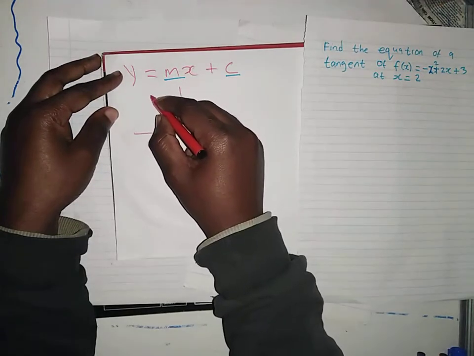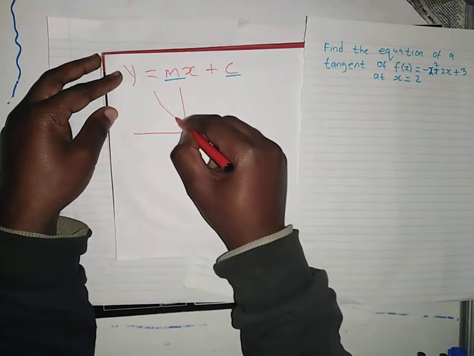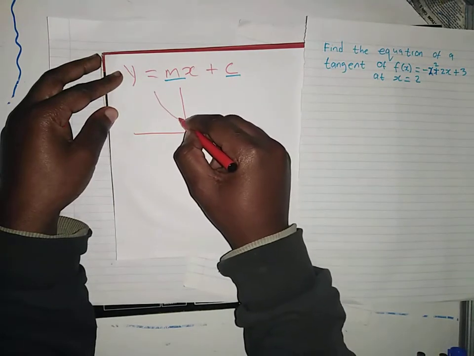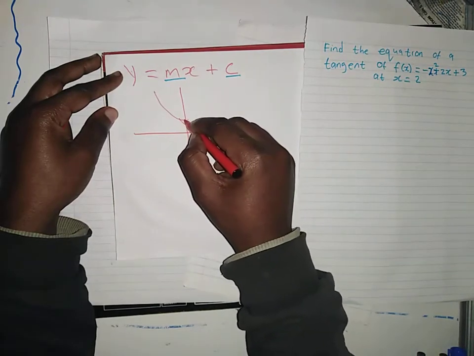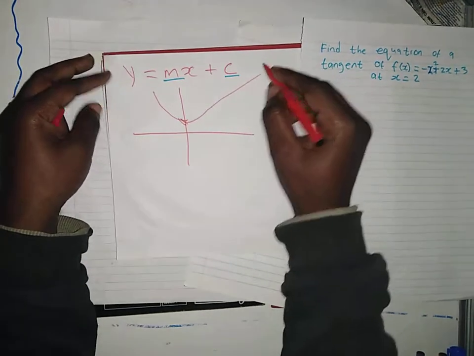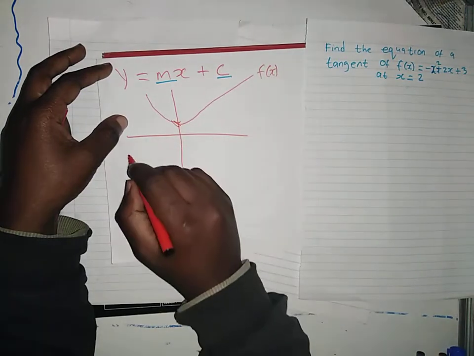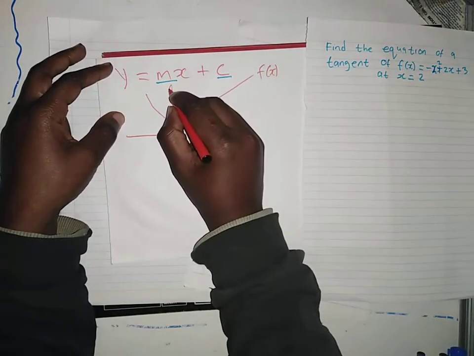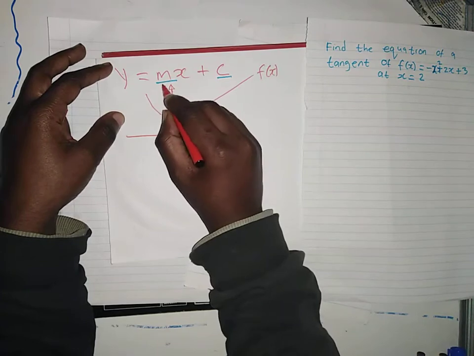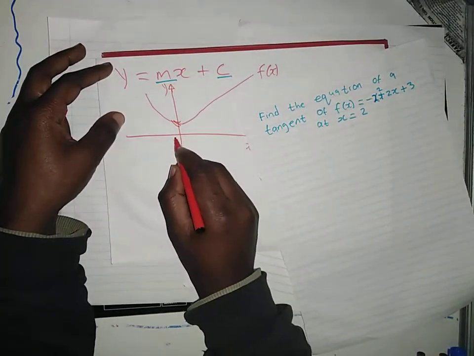It doesn't matter what it is. We're just going to draw it like this, and then let's call it f at x. Let's say that this is y, and this is x, and this is 0.